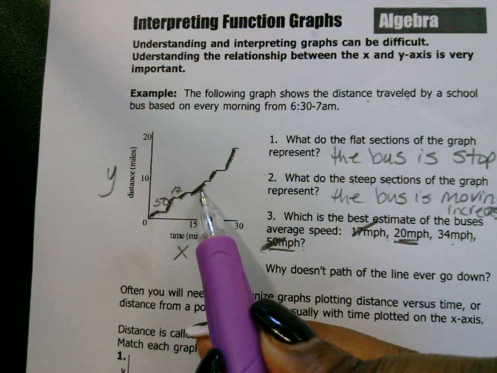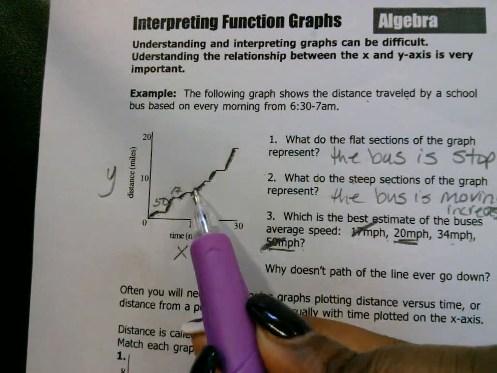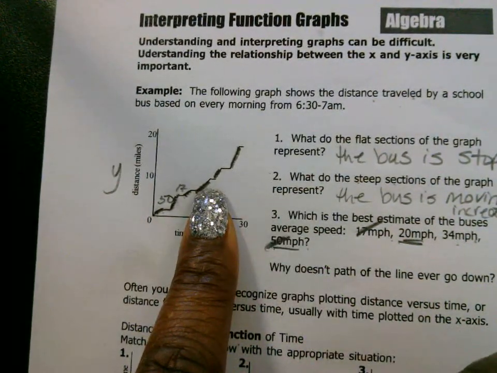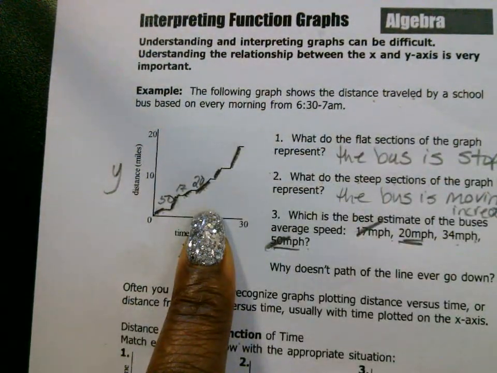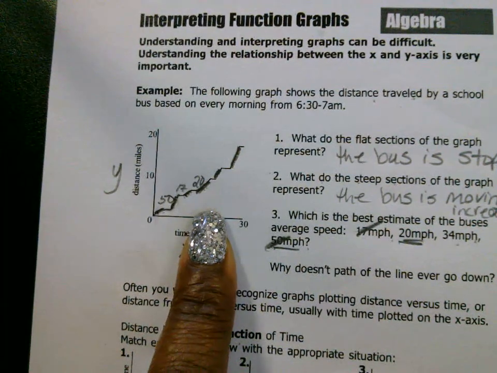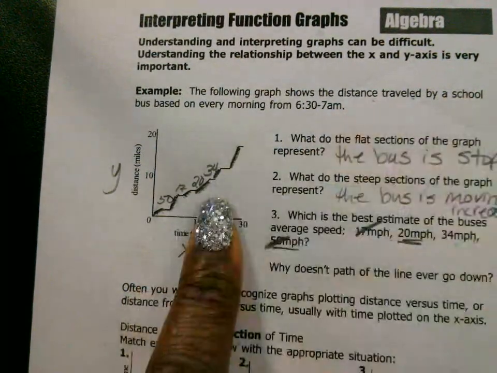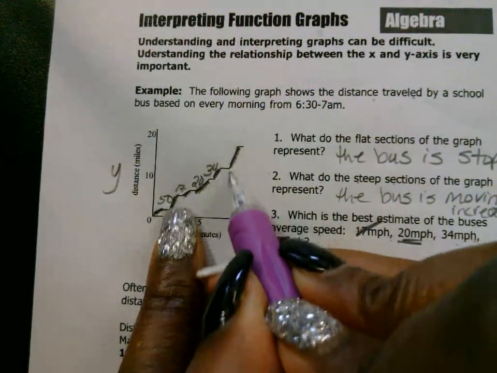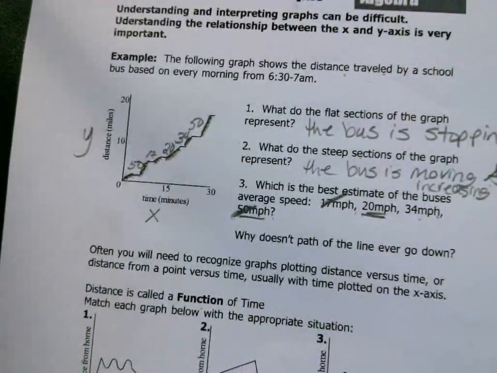This one, 20. I can see how that's 20. I'll roll with you on that. And the next one up is 30. And the next one up is a little faster, 34. I can roll with that. This one is almost close to this one. They look almost the same. So I would say this one's 50 also. And this is just estimating.